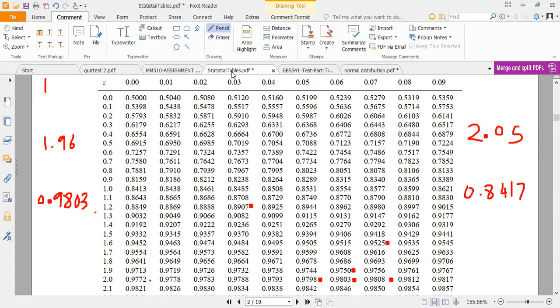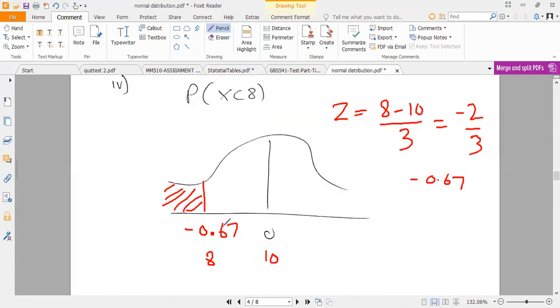Anyone, quickly? 0.44 and 0.07. What is the reading? 0.7486.